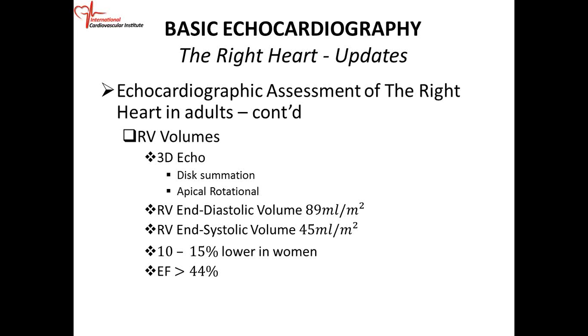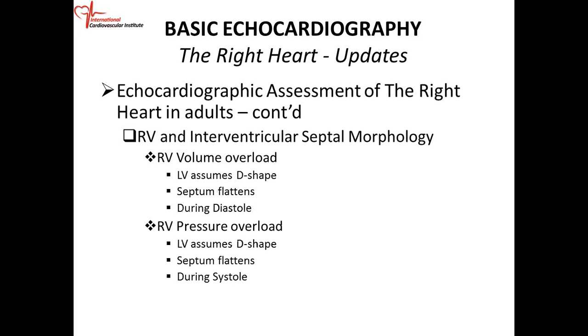And the normal ejection fraction using the 3D volume assessment is greater than 44%. So normal EF on the right ventricle is greater than 44%, not the left side. The left side normal EF is about 55 to 70%, whereas for the right ventricle normal EF is about 44% or more.